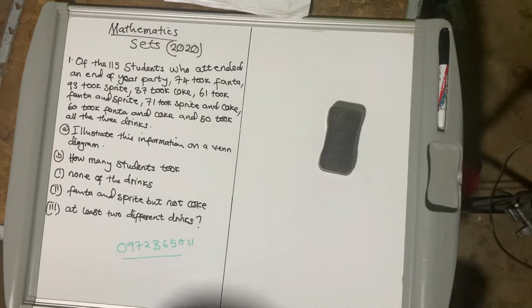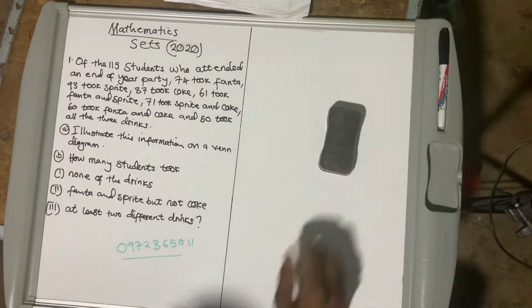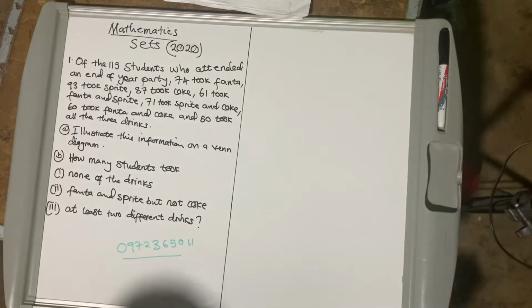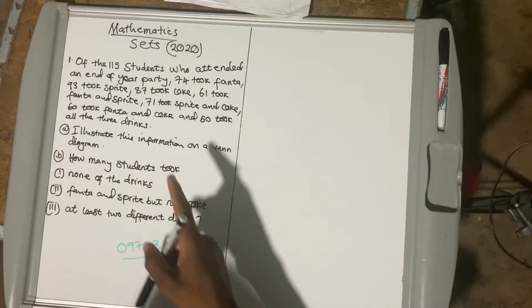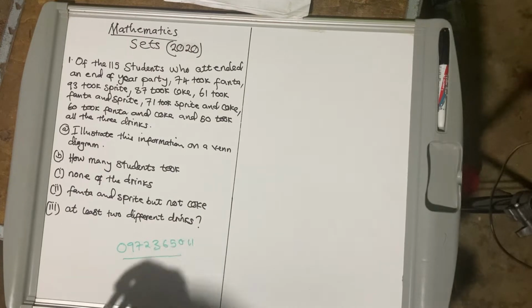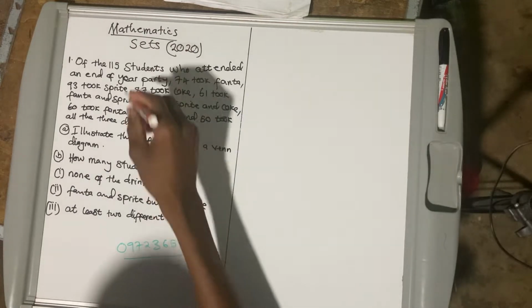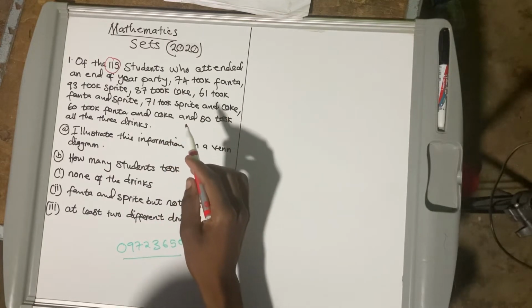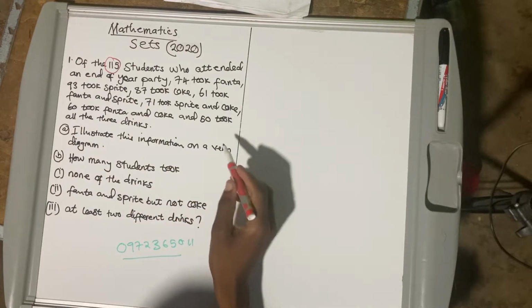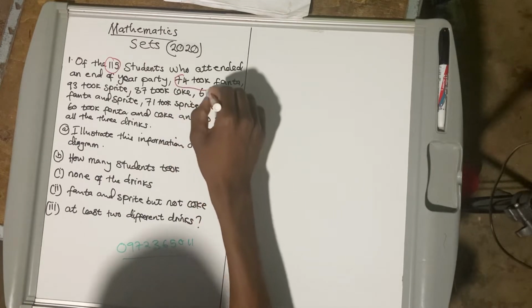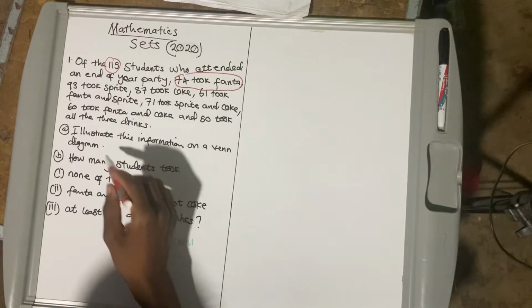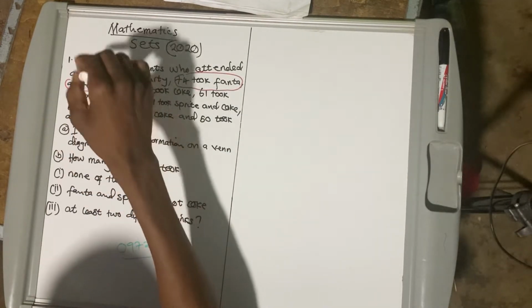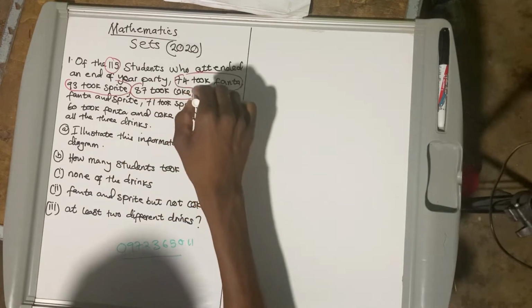Okay, let's go into details now. The question is, of the 115 students who attended an end of year party, 74 took Fanta, 93 took Sprite, 87 took Coke.